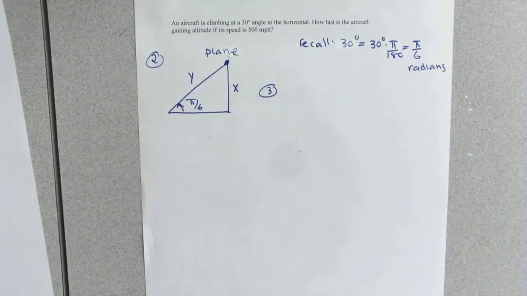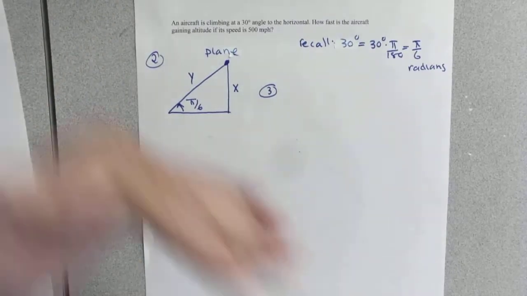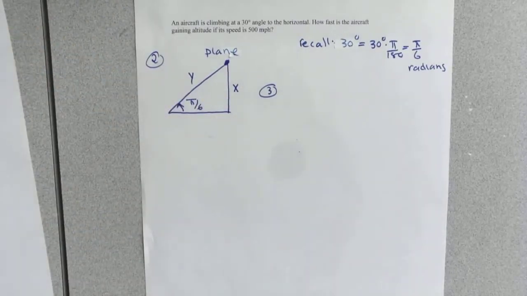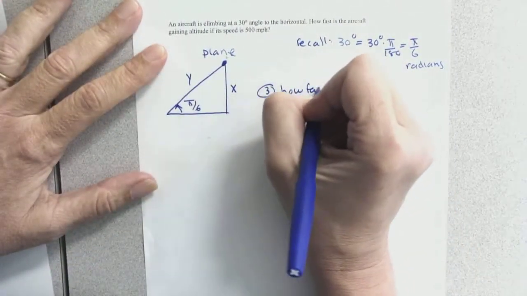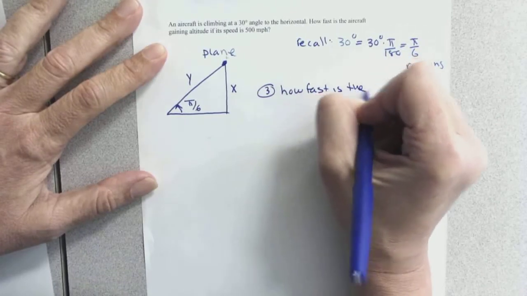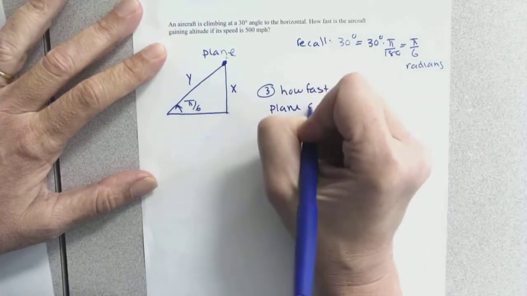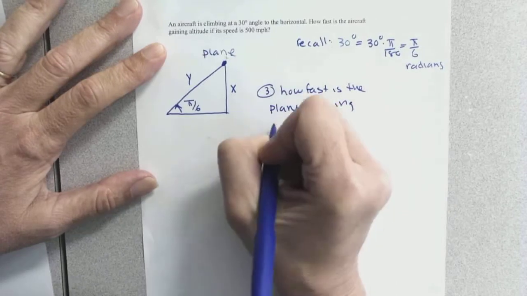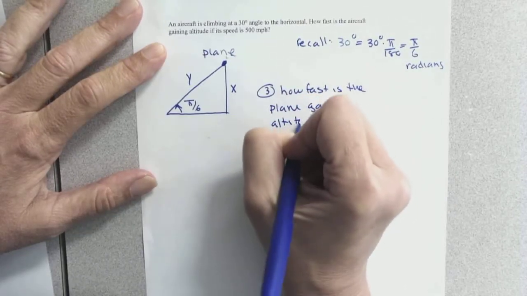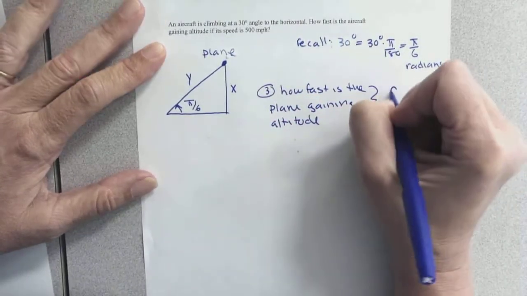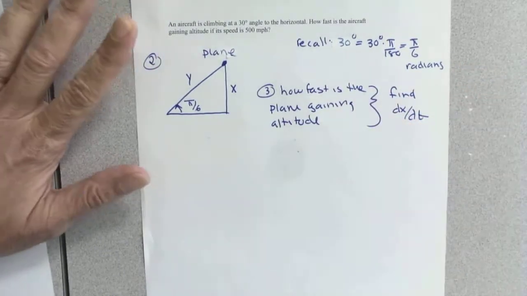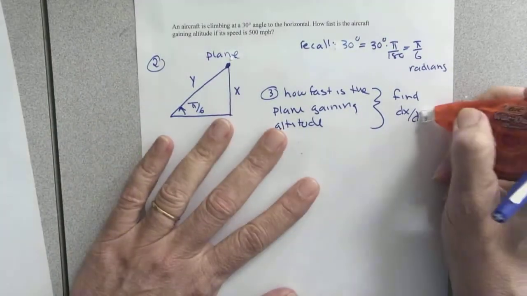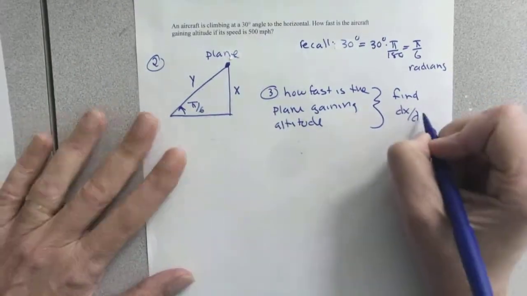Step 3, figure out what you're told. An aircraft is climbing at a 30-degree angle to the horizontal. That was our picture. How fast is the aircraft gaining altitude? Well, that's telling me to find dx/dt, because I labeled my altitude, my height, with an x.